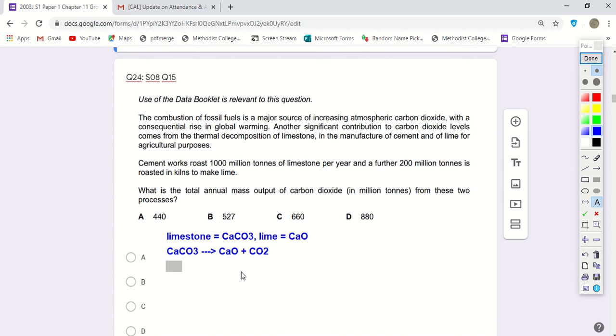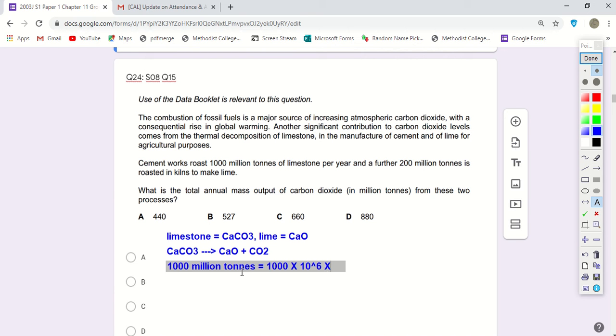How many gram is 1,000 million tons? We want to calculate gram because we use gram to divide by the molar mass to find number of moles. So I need to find this in gram. So 1,000. Now million means 10 to the power of 6.